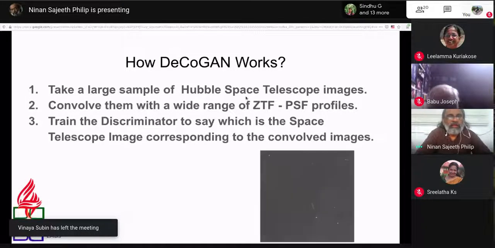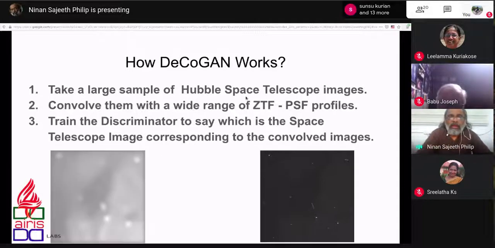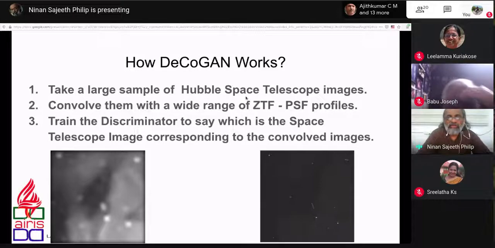This is the target, the image taken by the Hubble Space Telescope, one frame, and we have the image seen by the observatory. As you can see, it is much more blurred compared to the other image. The point sources have spread out.